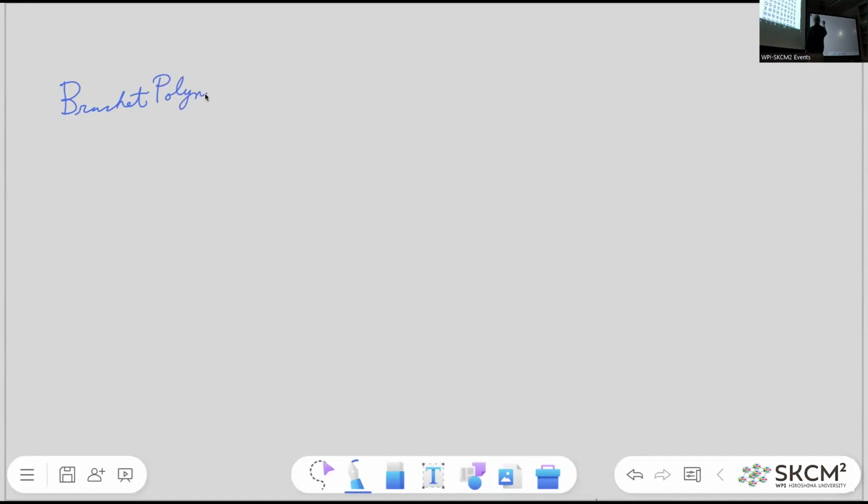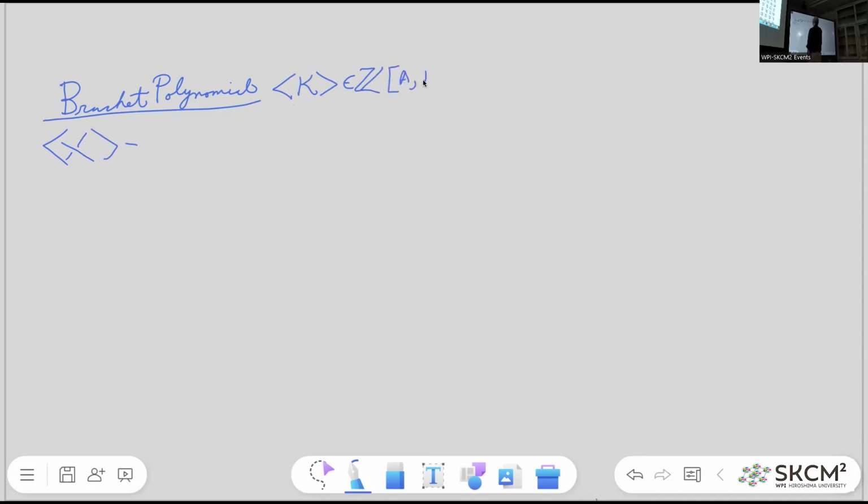this discussion. So the bracket polynomial is defined by a recursion or a skein relation, and the formulas look like this. I have a knot diagram with a crossing in it, and I'm going to define for any given knot diagram K, this is going to belong to the polynomial ring in A and B and D. These are commuting variables.